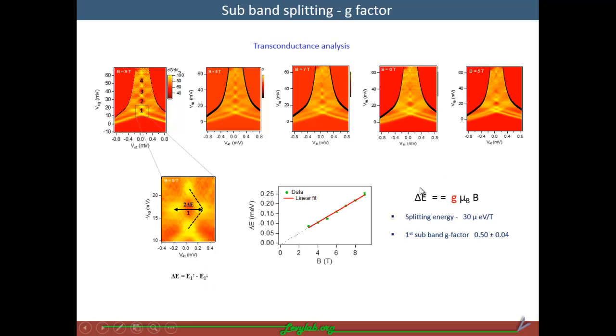So we extracted the g factor by fitting delta E versus B with a linear fit, and we found that the g factor is about 0.5 for these devices, and we also estimated that the spin splitting energy is about 30 microelectron volts per Tesla.